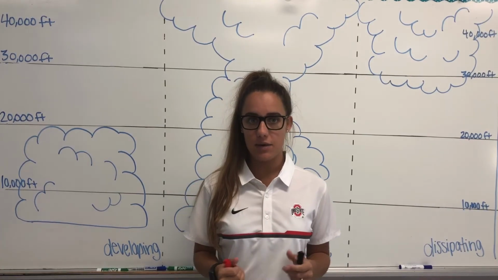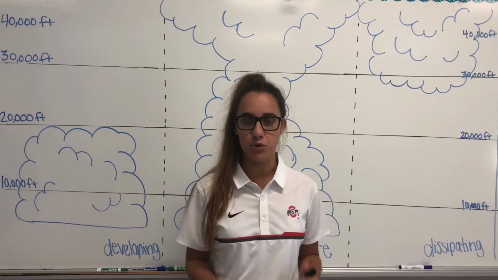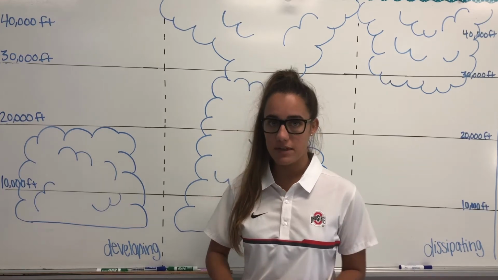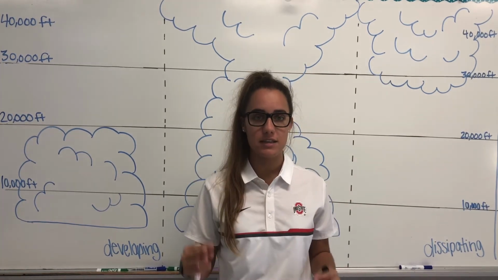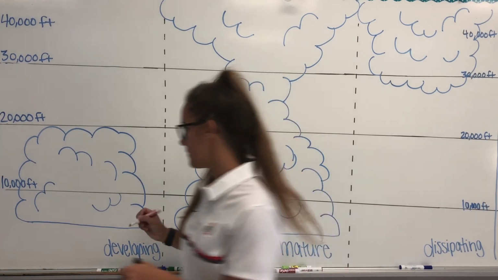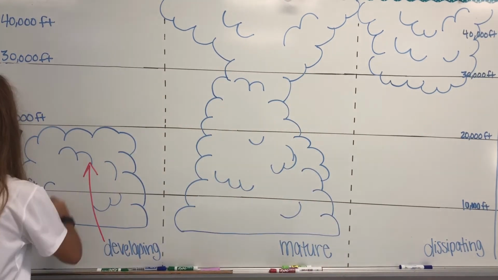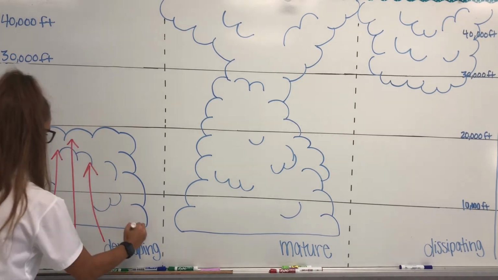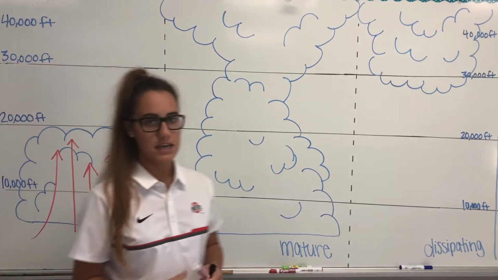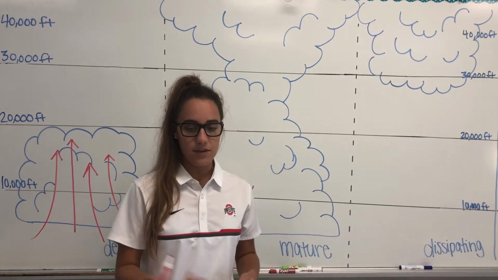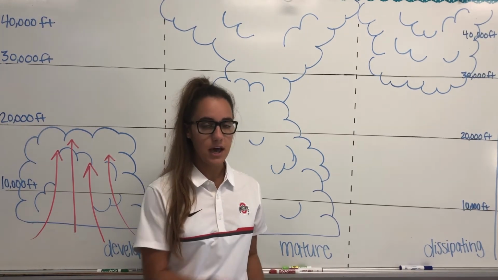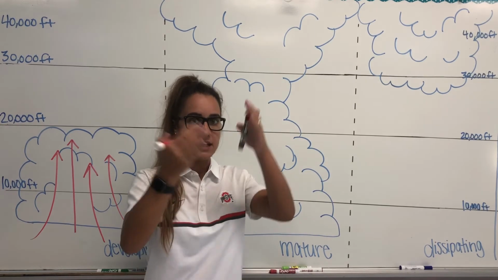Okay, the next thing that I want to do is label the air movement. So in the developing stage, we have warm air rushing up and creating this moisture-filled cloud. In the mature stage, we have a lot going on. We have warm air rushing up into the cloud, which is building on itself.